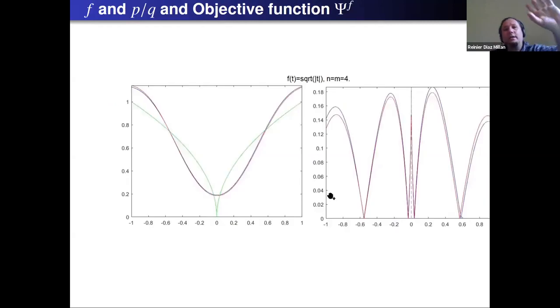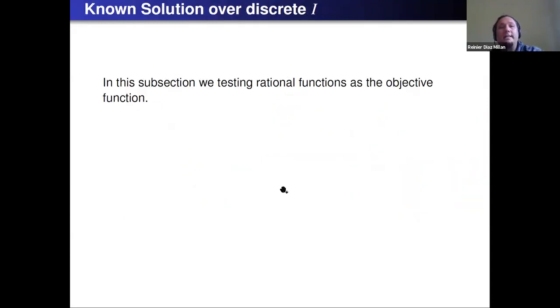But in this section now, we know the solution set. In all of these previous cases, we don't know which is the solution set. Even today, we don't know who is the solution set. But in these cases, we know who is the solution set because we will approximate some rational functions. And we will take some rational function and apply the algorithm to see what happens.